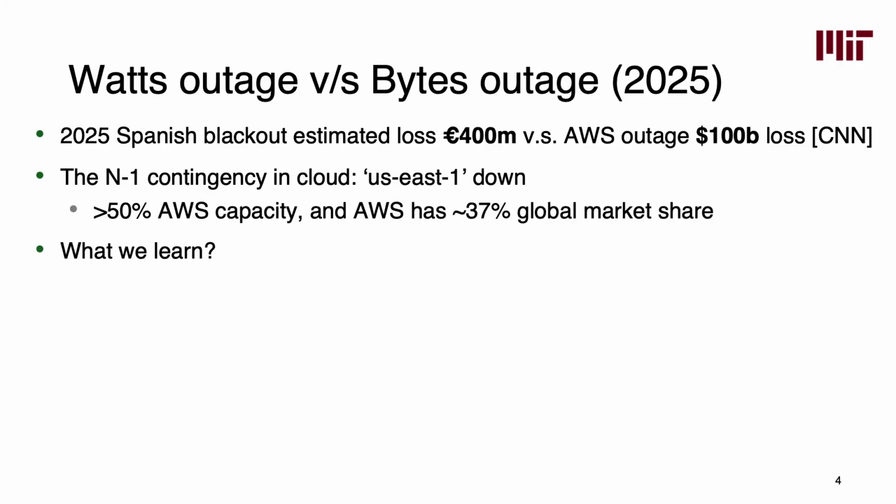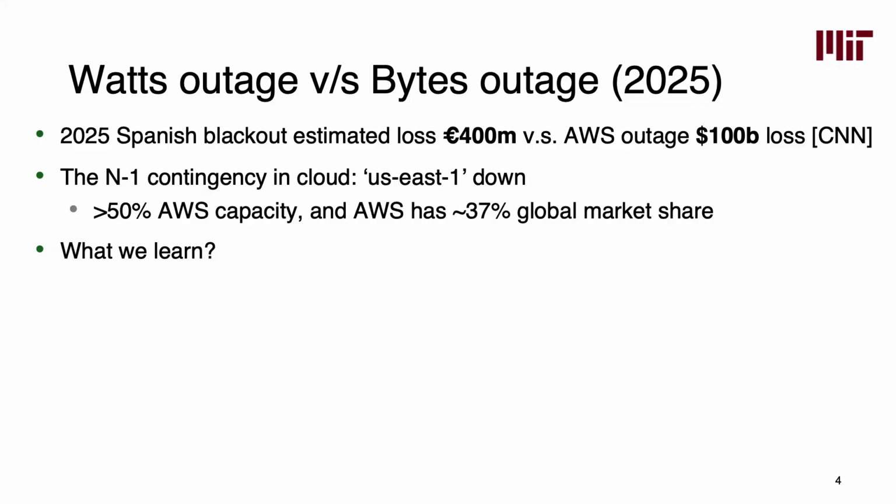Thankfully, it lasted less than a day, because, like I mentioned, most traditional blackouts in history usually take days, even weeks, to fully recover from. But even for only a few hours, the blackout in Spain last year cost more than 400 million euros. That's a huge loss.